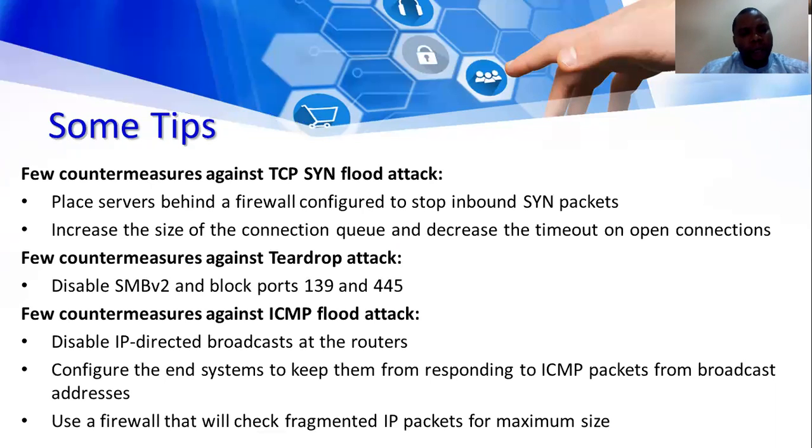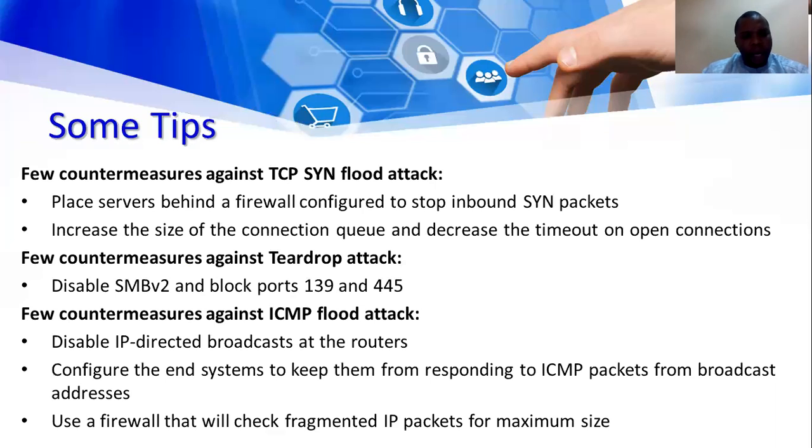Then the countermeasures against the teardrop attack. Maybe disable SMB version 2, depending on your system, and you can also block ports 139 and 445. This is a way you can prevent the teardrop attack.